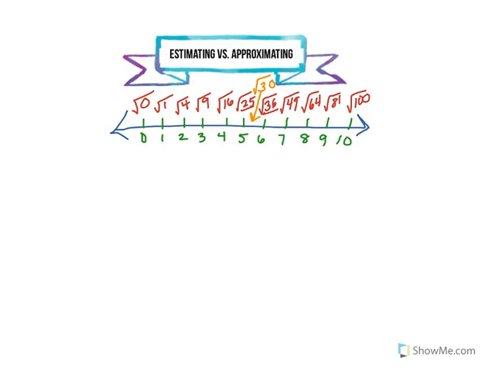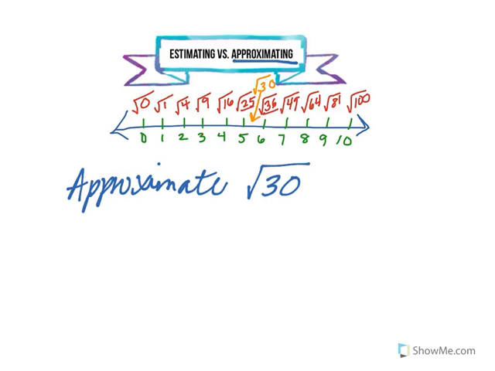Okay, if I wanted to take the same information, but instead of asking what the estimate would be for the square root of 30, if I wanted to approximate, I would do this by starting with the same information that I was given for my last problem.